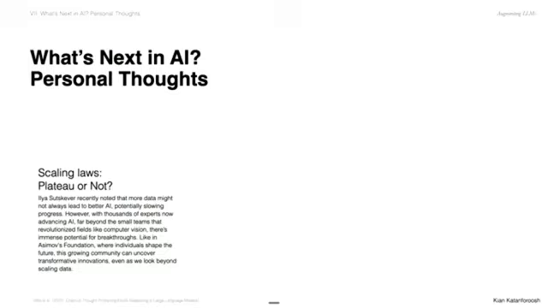What's next in AI? I wanted to call out a couple of trends. So Ilya Sutskever, one of the OGs of LLMs and OpenAI co-founder, raised that question about, are we plateauing or not? The question of, are we going to see in the coming years LLMs not improve as fast as we've seen in the past?